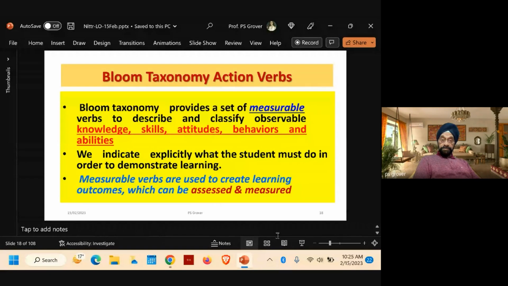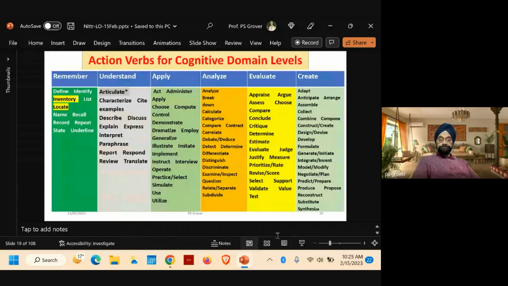So Bloom says, I give you the verbs which can be used to create learning outcomes, which can be assessed and measured. Please remember, outcome-based education says focus on continuous improvement. I cannot improve until I can measure it. So assessment and measurement are very important processes of the outcome-based system.